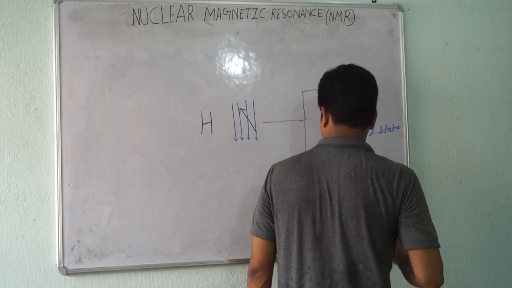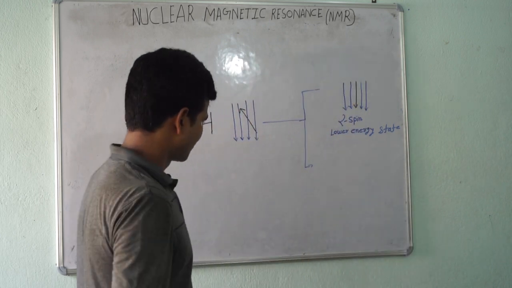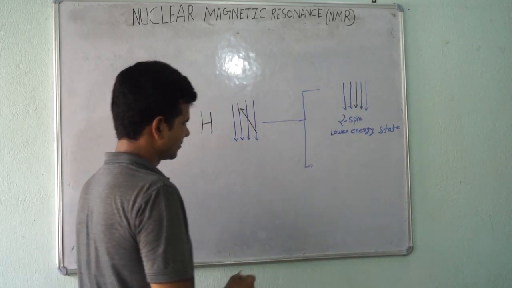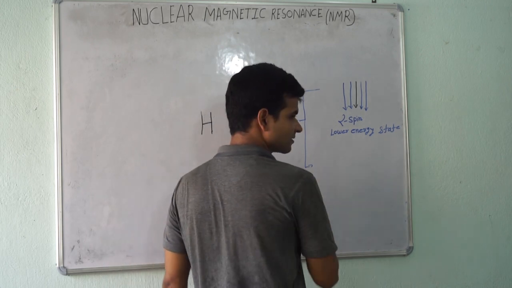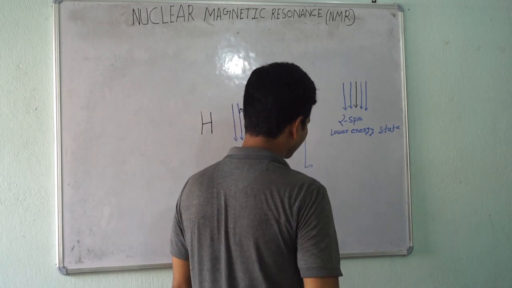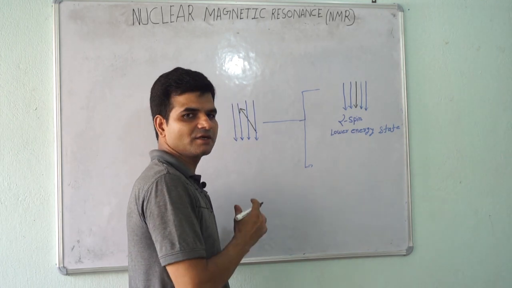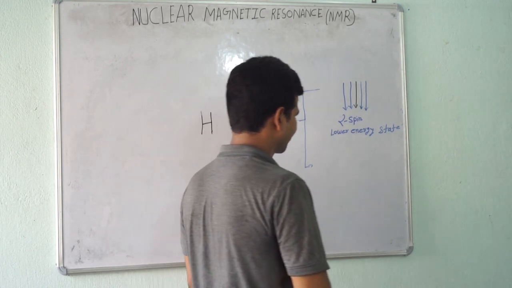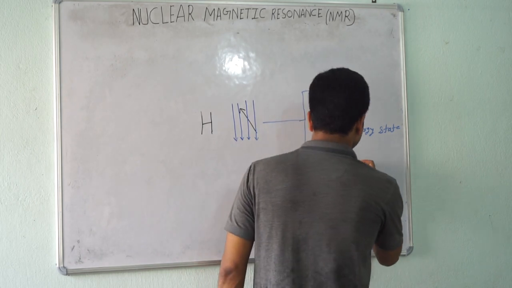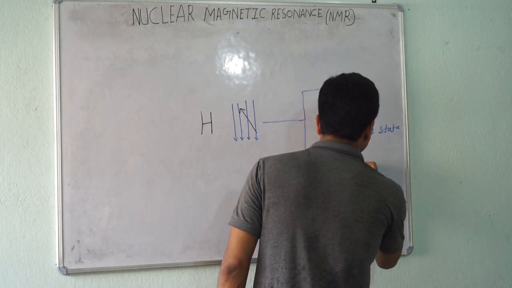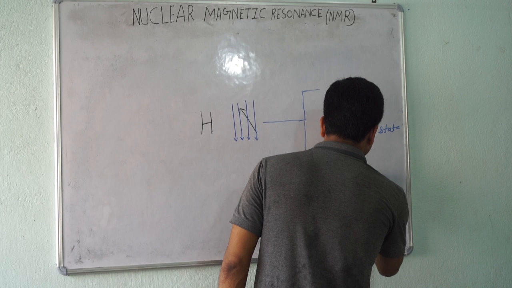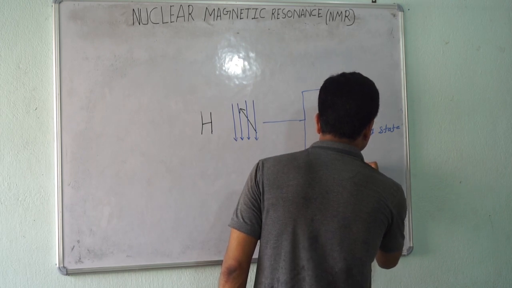Okay, but if you think about the second event, a hydrogen atom can also align itself opposite to the direction of the applied magnetic field.